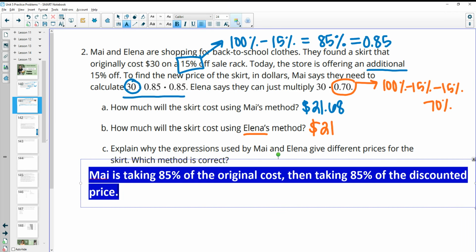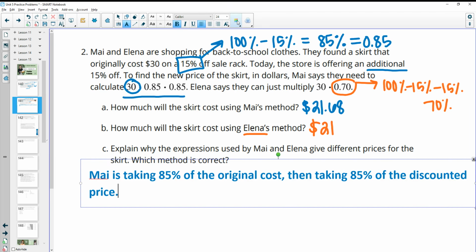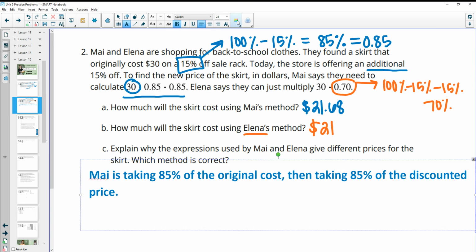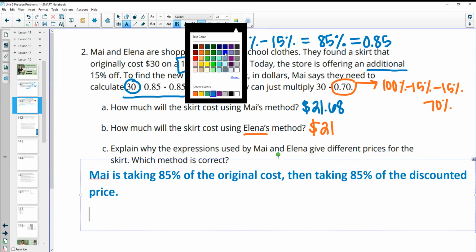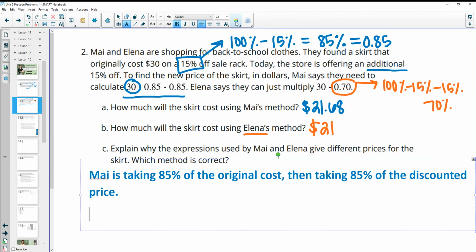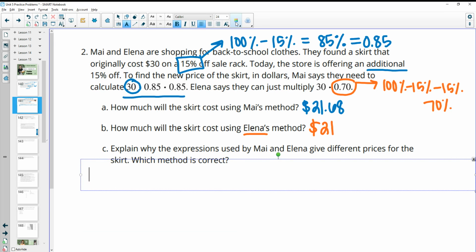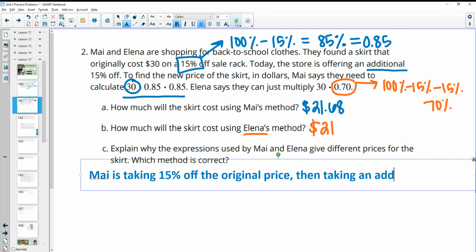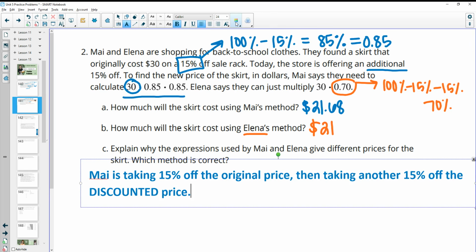So she's taking 85% of the original cost, then 85% of the discounted price. And maybe I shouldn't write this with 85%. Let's say Mai is taking 15% off the original price, then taking another 15% off the discounted price.